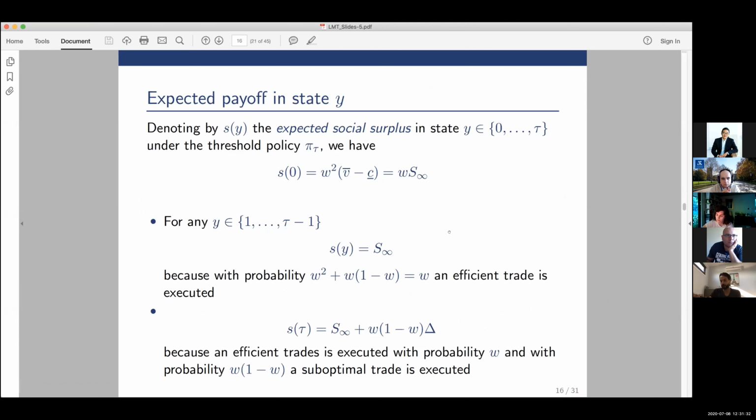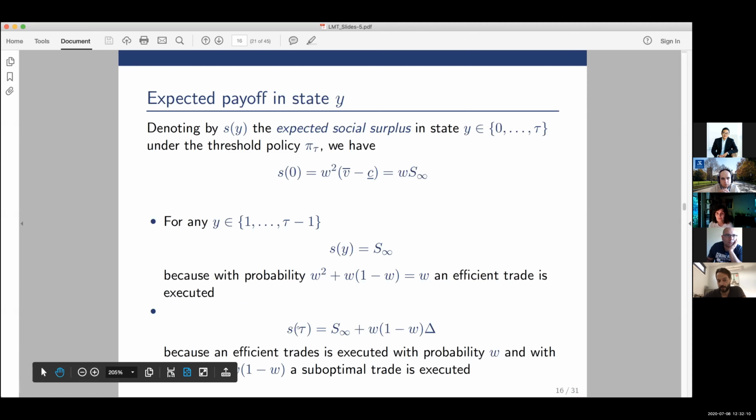With probability W squared, an efficient pair arrives anyway, so you get that for free. But with probability W times 1 minus W, an opposite inefficient, suboptimal pair arrives, in which case you can create an efficient trade. So the probability that you get an efficient trade in any state where you have a trade stored is W squared plus this here, which is equal to W. So with probability W, you execute an efficient trade in all these states, which is exactly what you get in the continuum limit per traded pair.